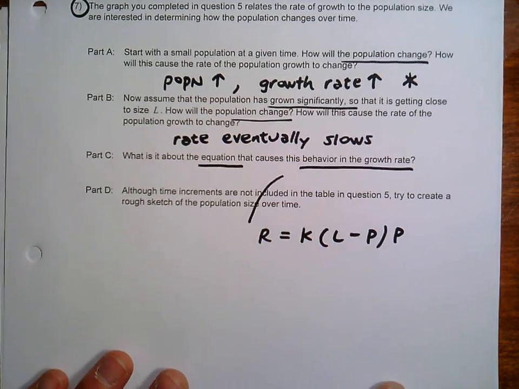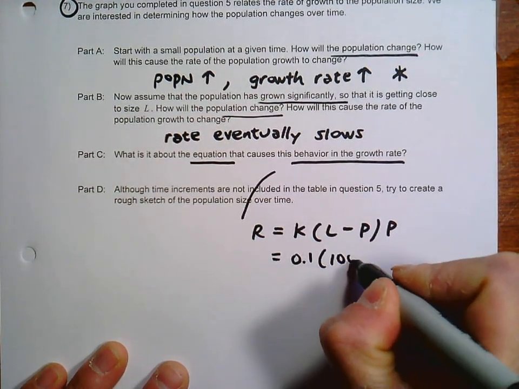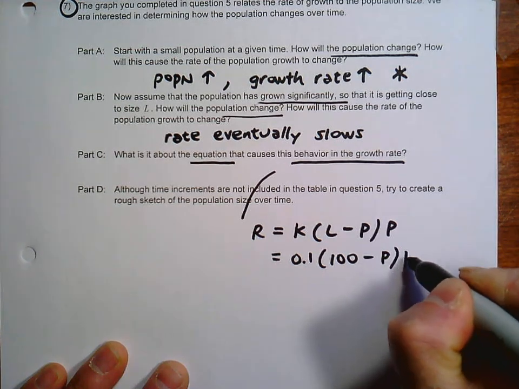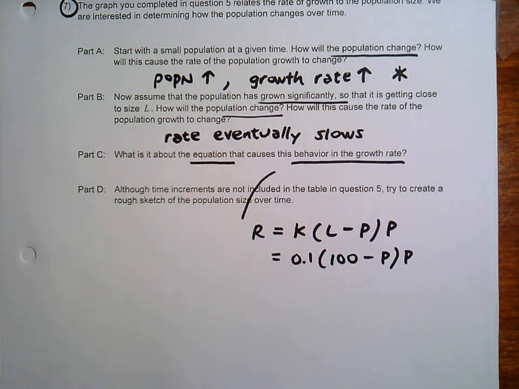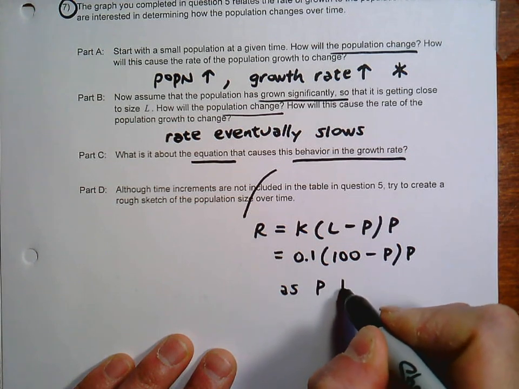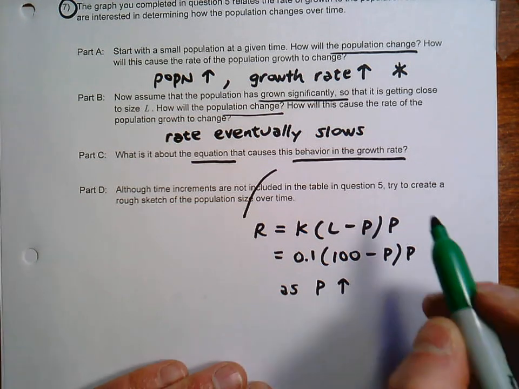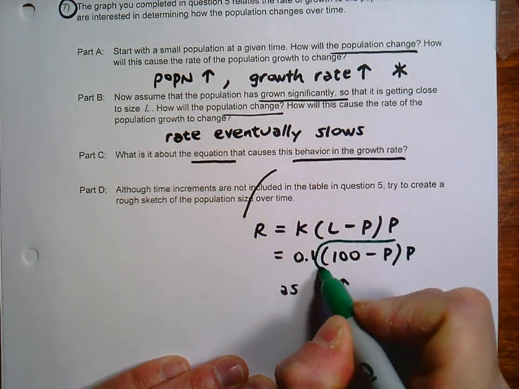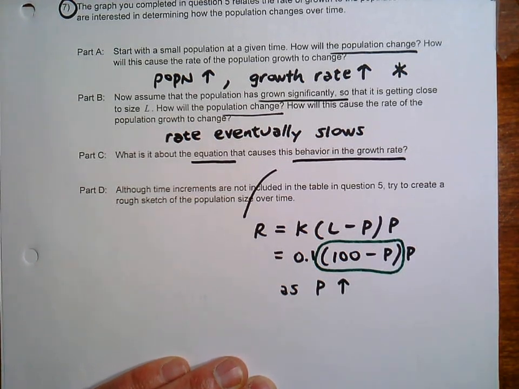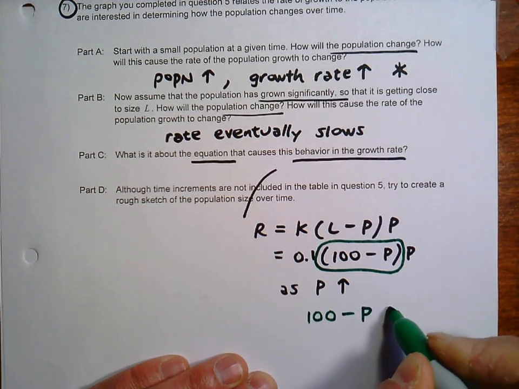And so they told us to use 1/10 for k and 100 for L. So that's what the equation looked like. Now it's interesting here because you can see that as the population increases, one part of this equation, I'll highlight it right here, the 100 minus p, has a different effect.